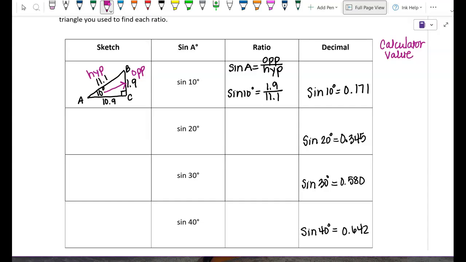So the calculator value for the sine of 10 degrees is 0.174. The sine of 20 degrees, 0.342. The sine of 30 degrees, 0.500. The sine of 40 degrees, 0.643.